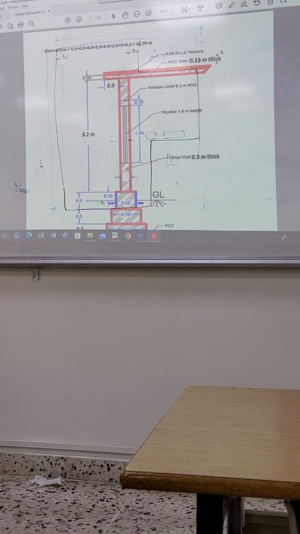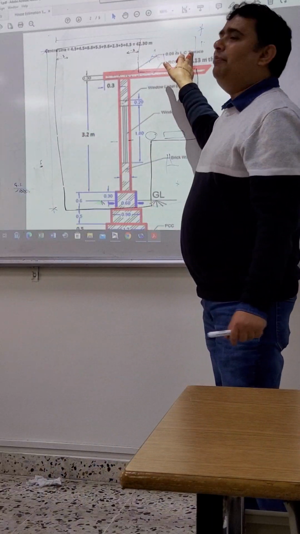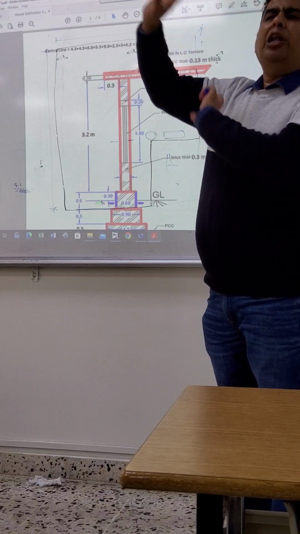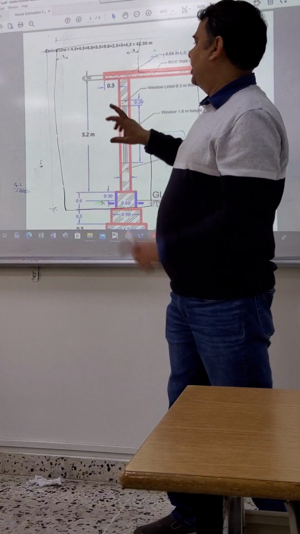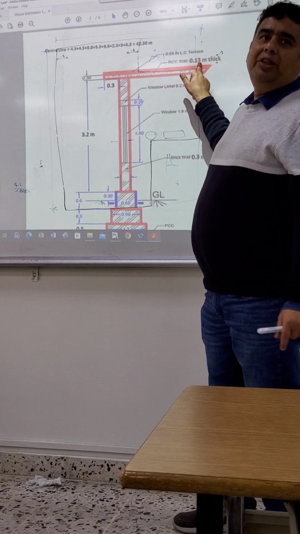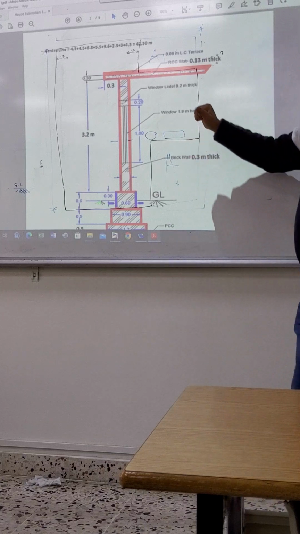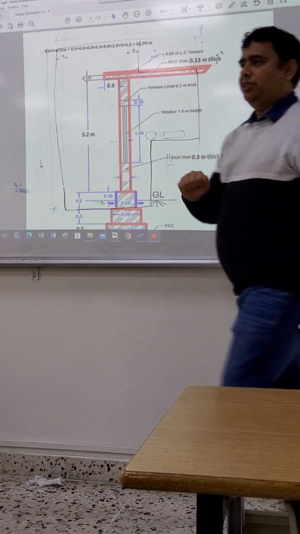You have to do some treatment. So this is the treatment, 0.8 cc lime concrete terracing. It is not asked in the question, so just only the concrete. The concrete thickness is 0.13. So total area multiplied by 0.13, minus this area, minus this area.